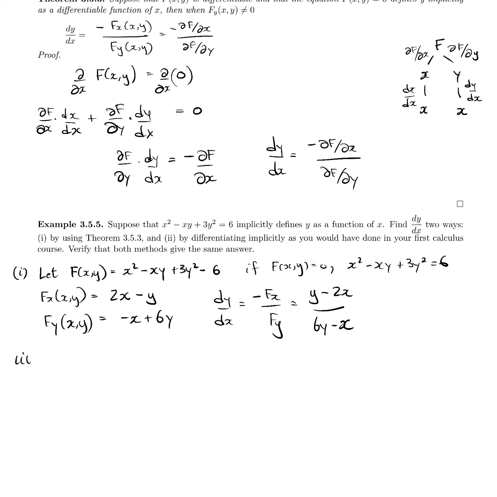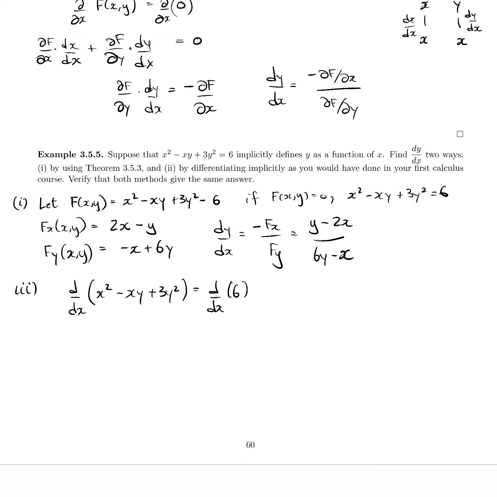Using a Calculus 1 method, if we want to take the derivative of a single variable function of both sides of the equation, x squared minus xy plus 3y squared is equal to 6, the derivative with respect to x, well, we still get 0 on one side.